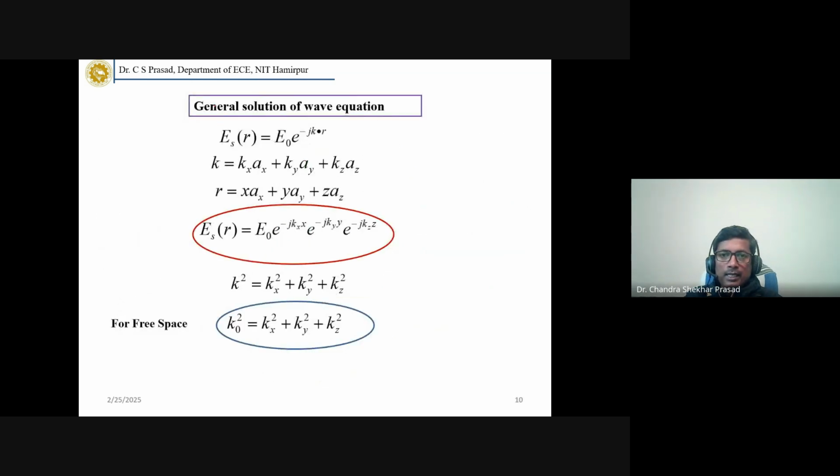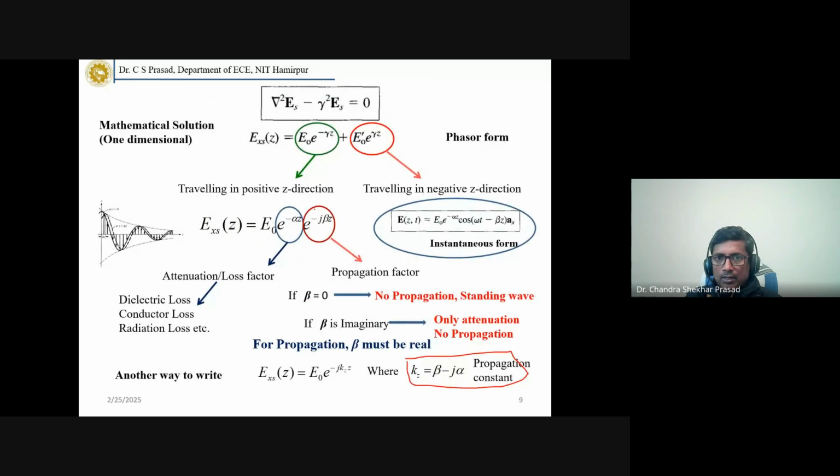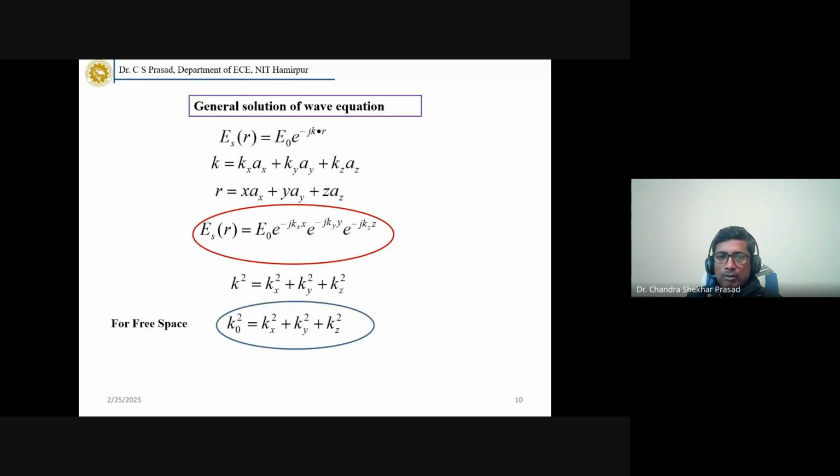Now, if you see the general solution of the wave equation, the previous discussion was only for a wave traveling in one dimension, let's say in the z direction. Now, if you write this in general form, let's say your wave is propagating in some r direction, and this is the wave number k. This k will have three components: in the x direction, y direction, and z direction. Similarly, we can write this r.